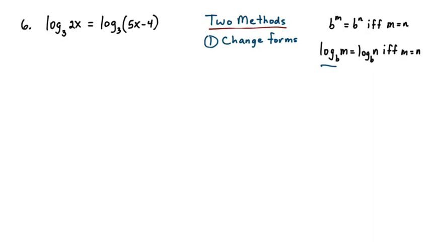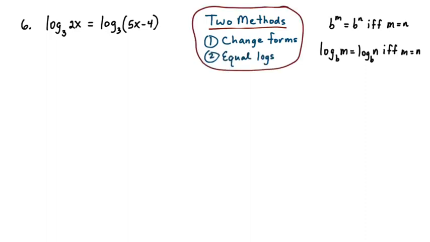So the only way that these two logs could possibly be equal is if these inner numbers are equal, or I call them the inner parts. So it works very similar to the property we were using for equal bases. So I call this the equal logs method. And basically all we're saying is if we have two logs that are equal and they're both the same base, then the inner parts must be equal.